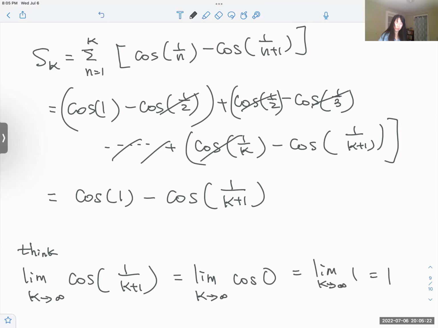All right. Then we have cosine 1 minus 1, right? Cosine 1 is a number. So what do you get? Can you please calculate?